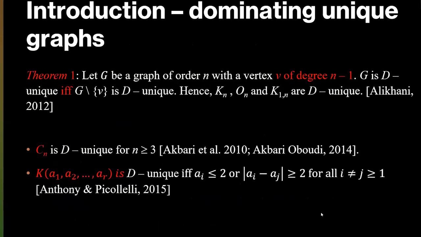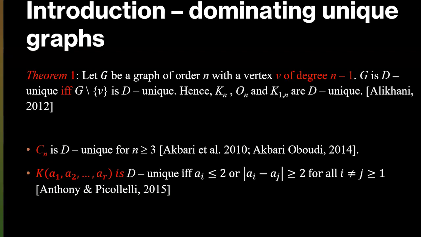So this is the first result obtained by Alikhani. They prove that if G is a graph of order n with a vertex v of degree n minus 1, then G is D-unique if and only if the graph G with the vertex v deleted is also D-unique.